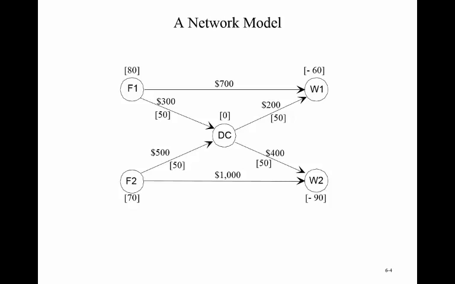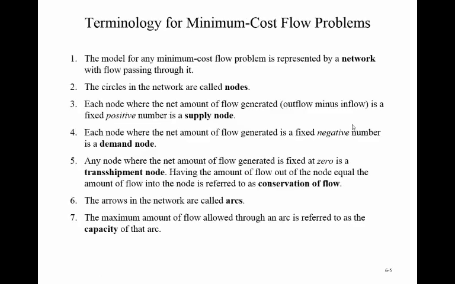They don't actually create or consume units in that way. We still have our capacities associated with the truckload arcs, and we also have all of our per unit transport costs labeled on this model. So this has all of the data that we need now to formulate and solve this particular model.